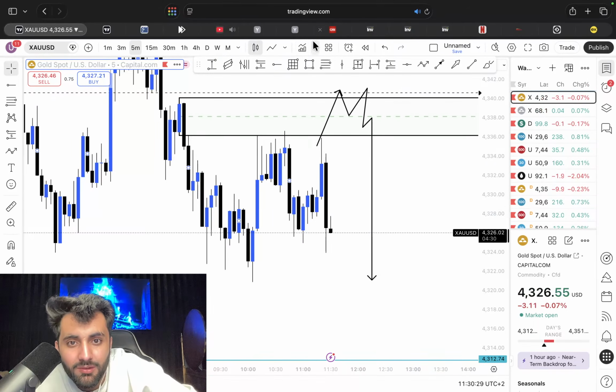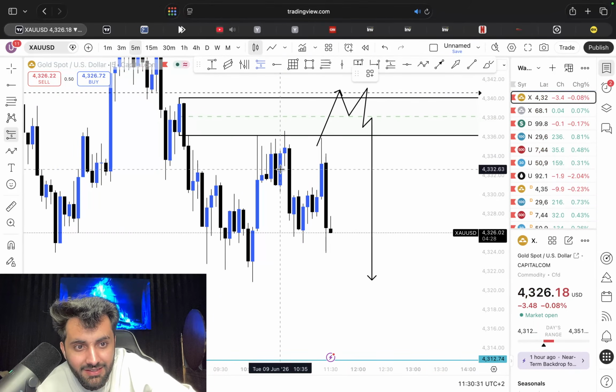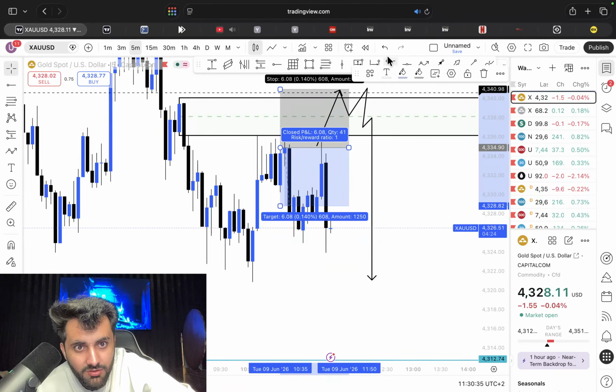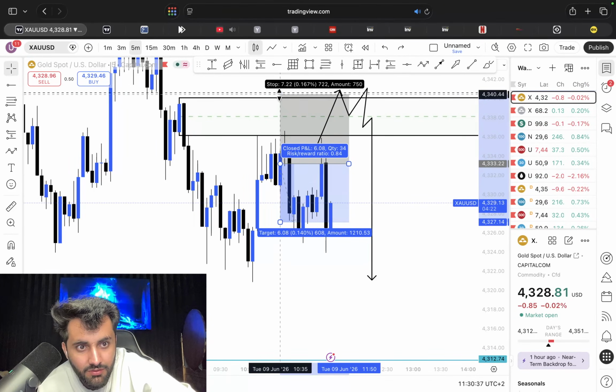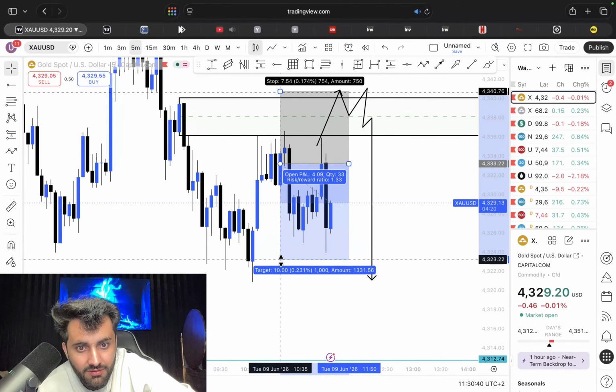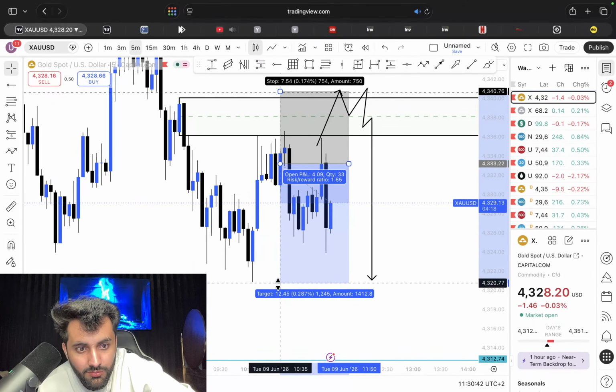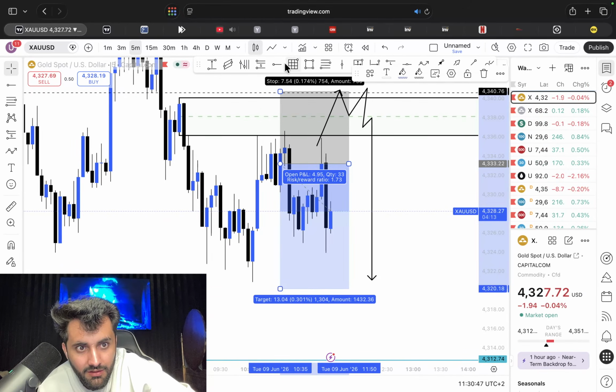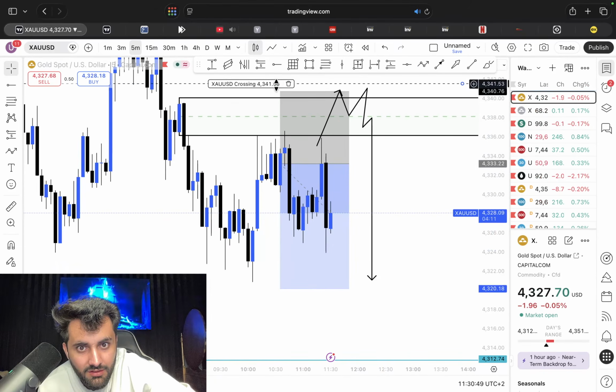It's going for TP2 guys now. It didn't tap our SL, but it tapped our break even. This is where our stop loss was, 4340. This is TP2 right here, and this was SL.